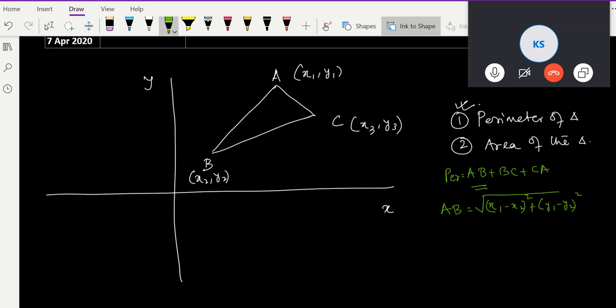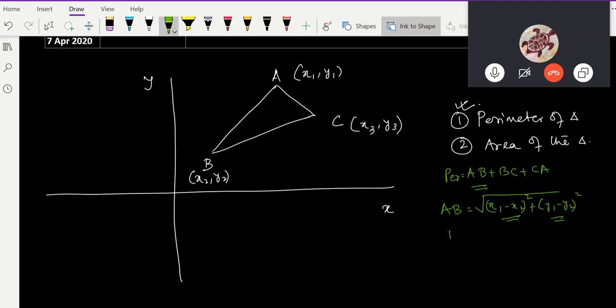One good thing about coordinate geometry is whatever you do with the x part, you do the same thing with the y part. It is just a replica. So wherever you do x1 minus x2, you will do y1 minus y2. Wherever you do x1 plus x2, you will do y1 plus y2, and so on. Whatever operation you do with the x part, you do the same with the y part.